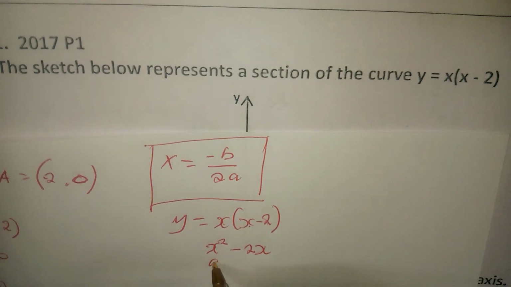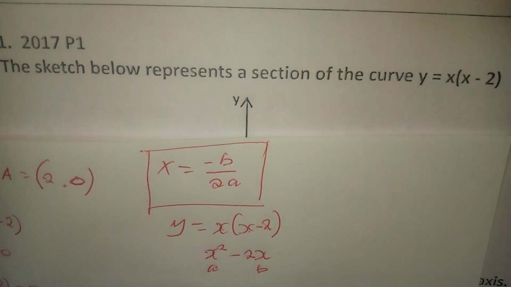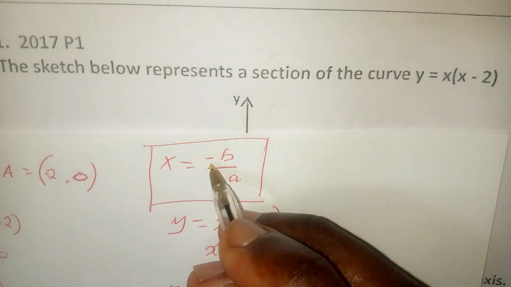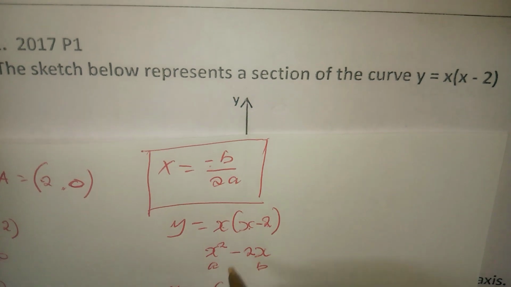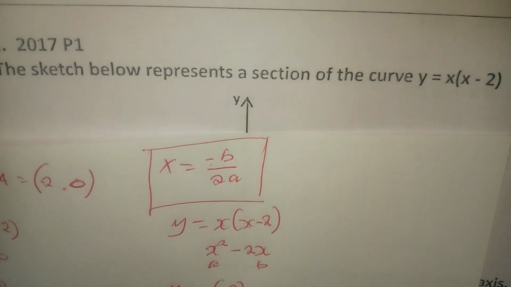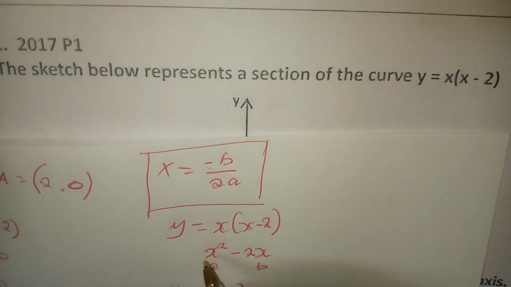So already this is our a, this is our b. Okay, so we substitute in the formula, x equal to negative, which is already in the formula, and then b has got a negative, so it will be negative 2 over 2 already, and then our a, see the coefficient of this x here.